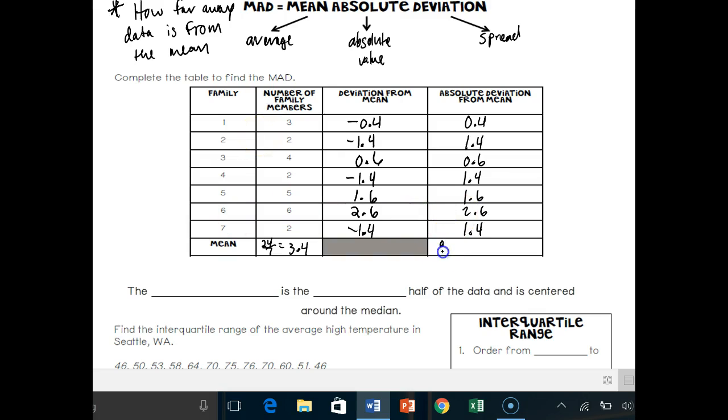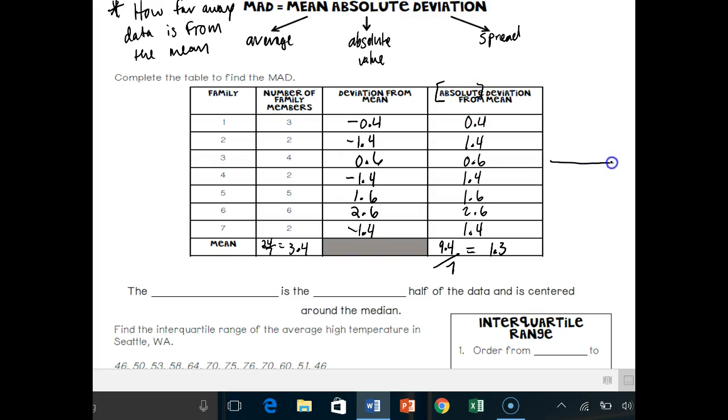When we add them up, we get 9.4, divided by 7 gives us 1.3. So we have a mean of 3.4 family members with a deviation, or steps away from that, of 1.3. Some families on average have 1.3 more family members, whereas some have 1.3 fewer, because this is an absolute value.